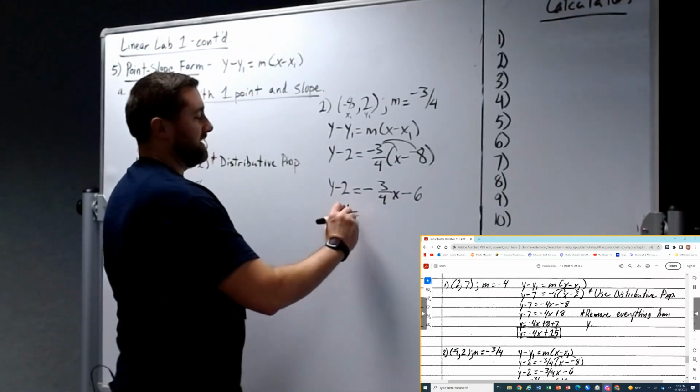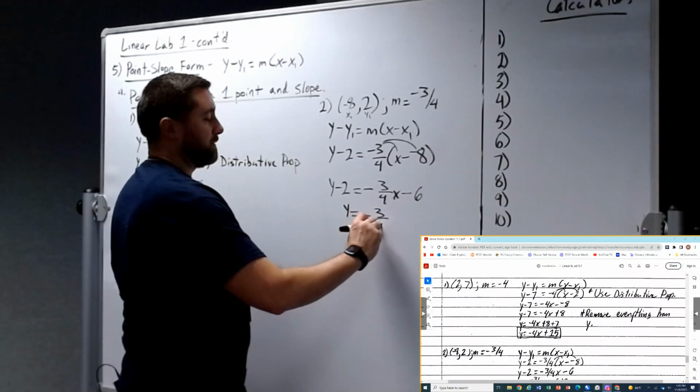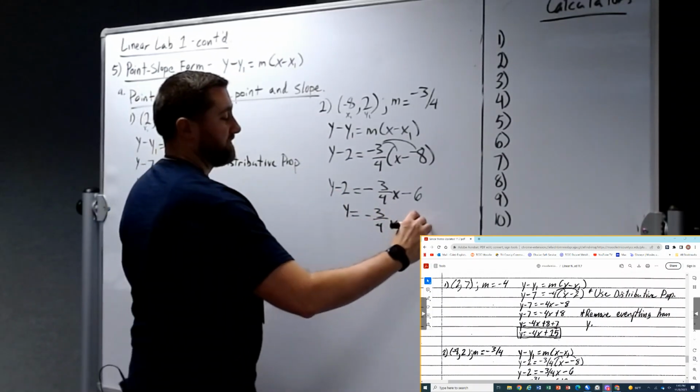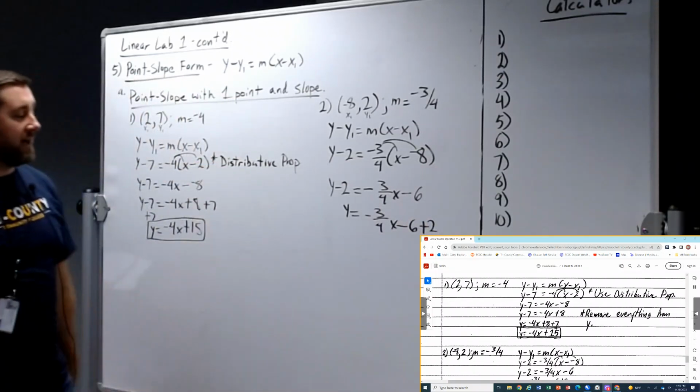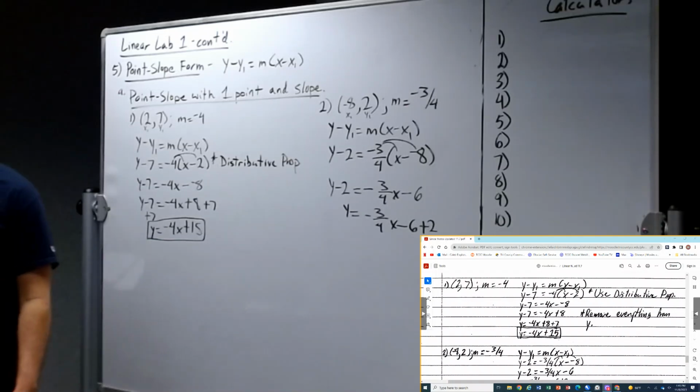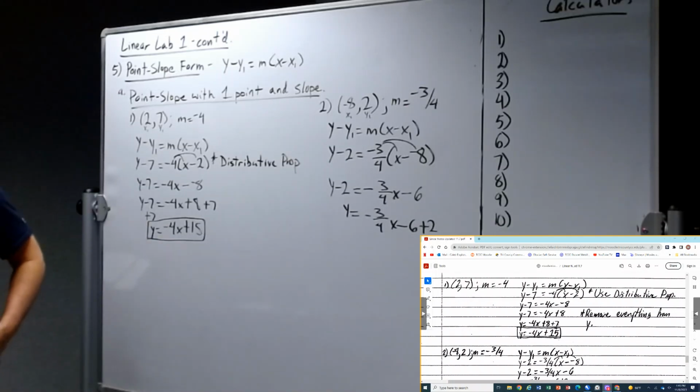All right, so now y equals negative 3/4 x minus 6. We're going to add 2 to this other side to get it off of that y. So what is negative 6 plus 2? Negative 4.